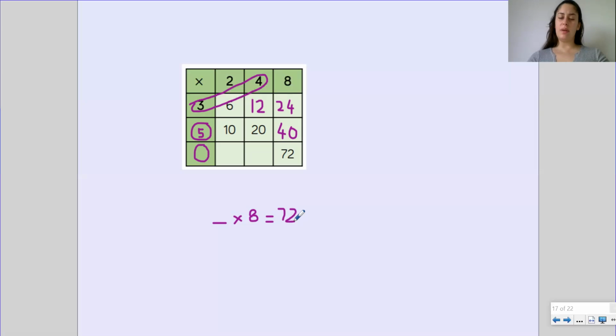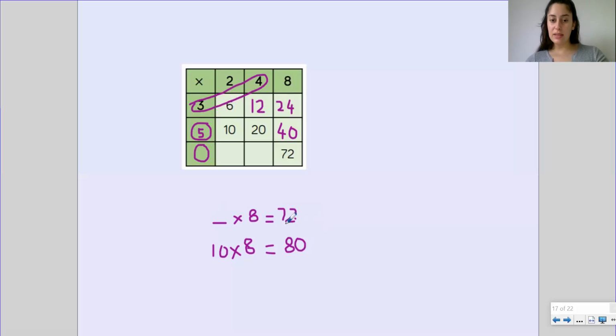Well, I'm going to use my knowledge of the 8 times tables. I know that my 8 times tables go up in 8s. I also know my answer to 10 times 8, which is 80. So I can notice here that 72 is 8 less than 80, because 72 plus 8 would give me 80.